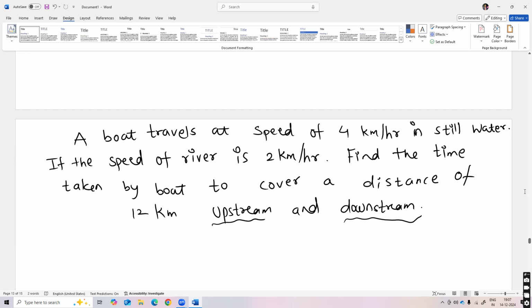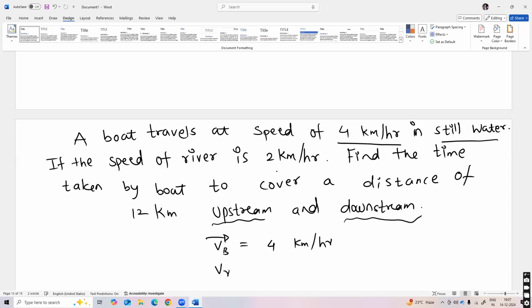Okay, so here they have given that a boat travels at a speed of 4 km/h in still water. So that means it is the velocity of the boat which is directly given, in still water, 4 km/h. And the speed of the river is 2 km/h.